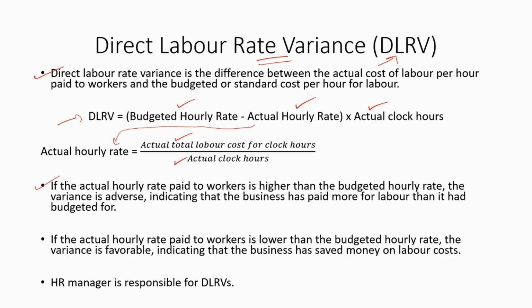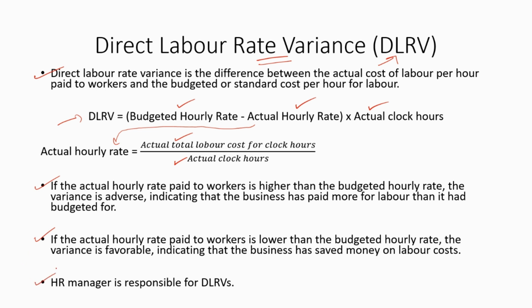If the actual hourly rate paid to workers is higher than the budgeted hourly rate, the variance is adverse, indicating that the business has paid more for labor than it had budgeted for. If the actual hourly rate paid to workers is lower than the budgeted hourly rate, the variance is favorable, indicating that the business has saved money on labor costs.